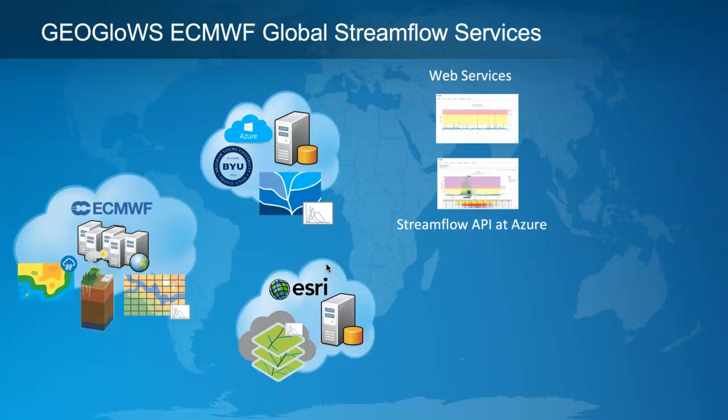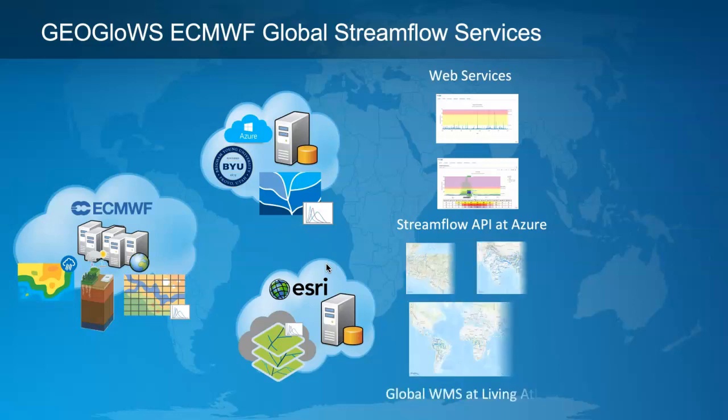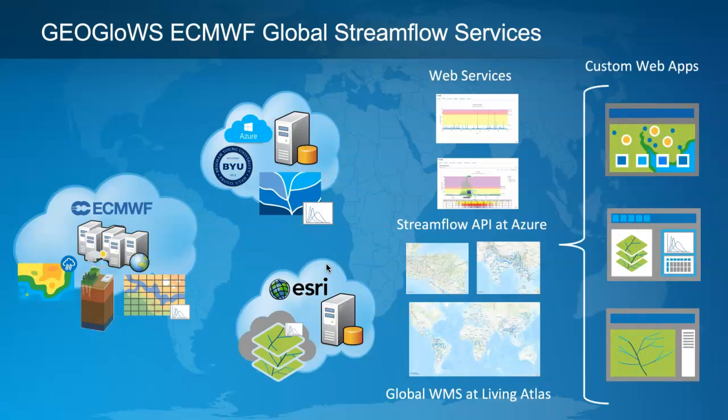First of all, the data services themselves, the forecast and simulated time history, and also with the help of our partners at Esri, a web mapping service for animation. These two services then are consumed by applications, and a variety of different apps, and I'll demonstrate a few of them here, can be created that use these two data services with Tethys.